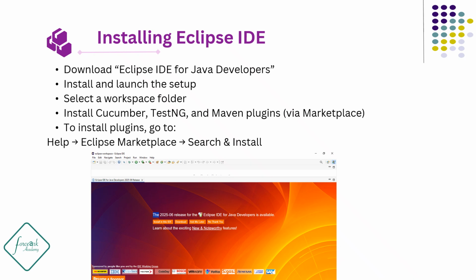This version comes with all the core tools you need for Java-based automation. After downloading the installer, you need to run it and choose the Java Developer Edition when prompted. The installation is straightforward and you just follow the instructions which come on screen.